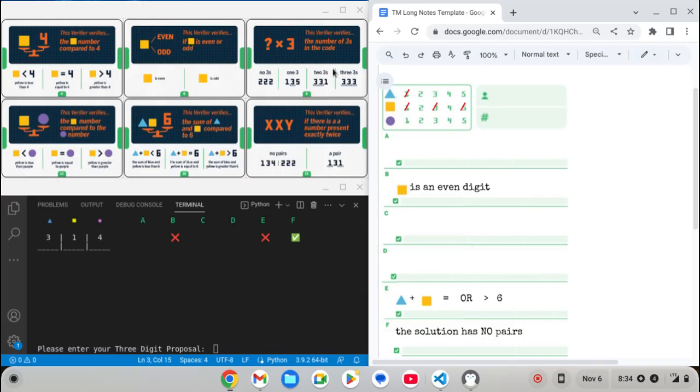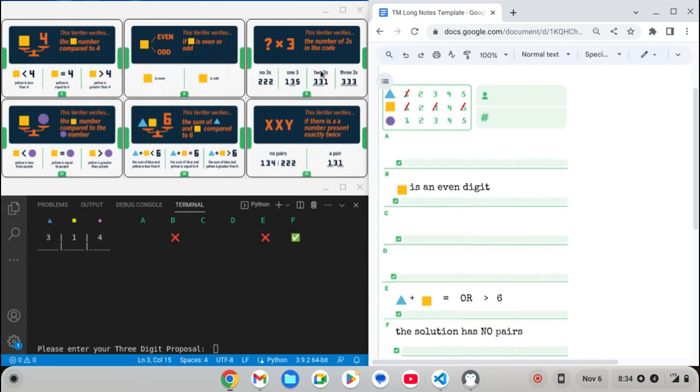And of course, criteria card C would let us know which one to pick. Or it could be that square is greater than circle, perhaps indicating that you have 1 and 3 to pick from. And again, criteria card C would let us narrow that choice.